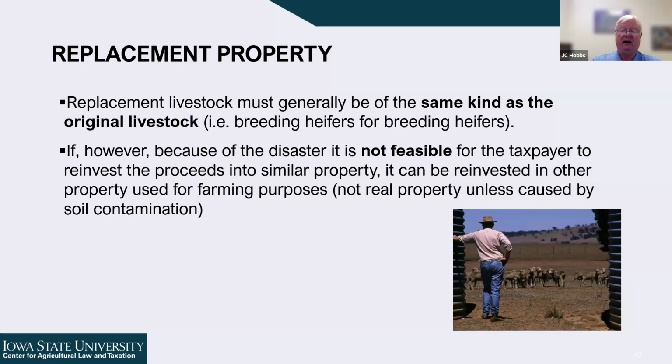We can't get into real property unless we have soil contamination. I assume that with the soil contamination from the hurricane, if we have a lot of salt water, that would probably give us a situation where certain plants don't grow very well. We may be able to do some other things to reinvest in different assets and still avoid reporting that gain.